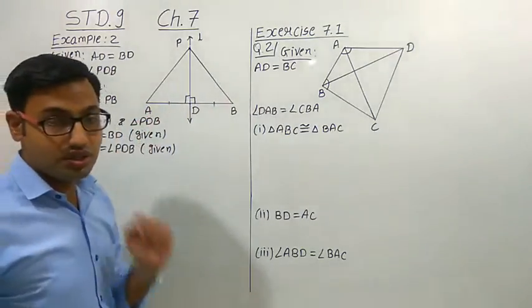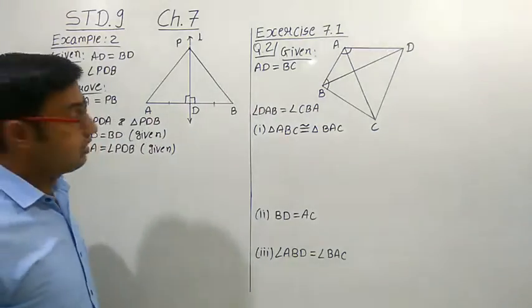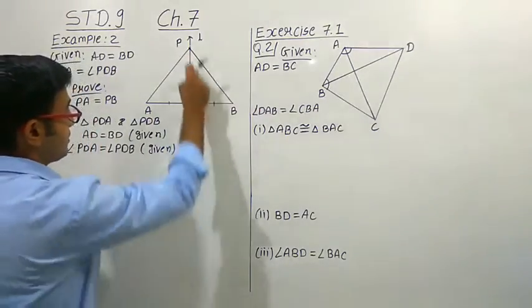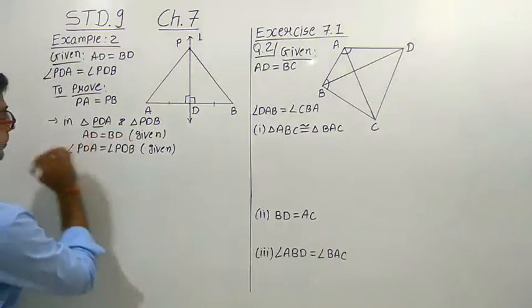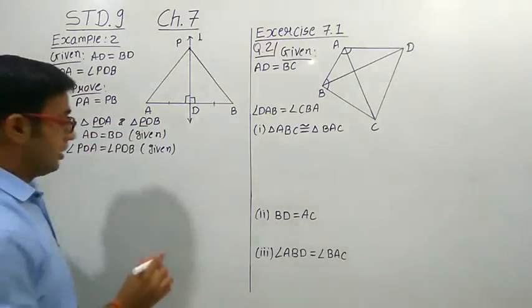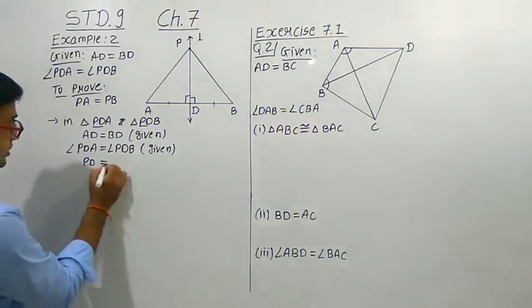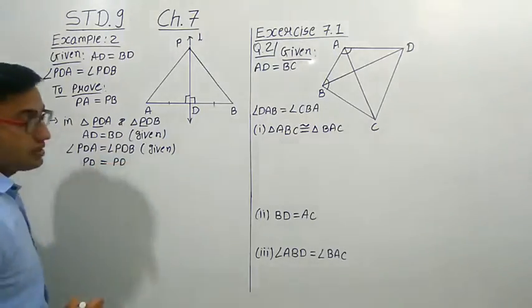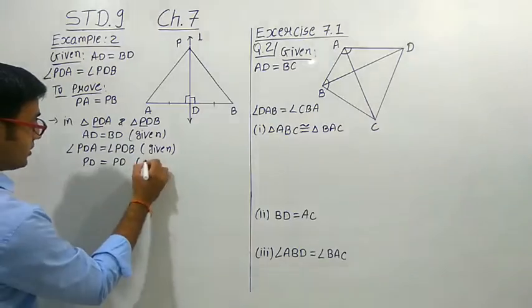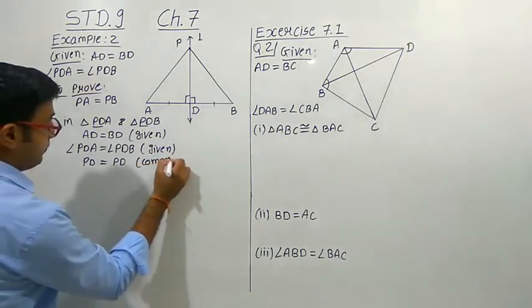Now the third condition that we have to think about. What will be the third condition? Yes, in both triangles PD is common. That means the third side PD of one triangle is equal to a side of the other triangle.